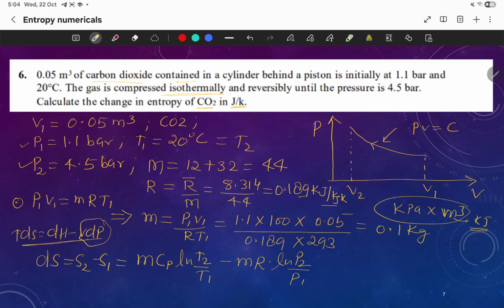Okay, so the process is isothermal. So the value of T2 by T1 will be 1 and ln 1 will be 0. And in this relation we put m value as 0.1, R value as 0.189 and ln P2 by P1 is 4.5 upon 1.1.